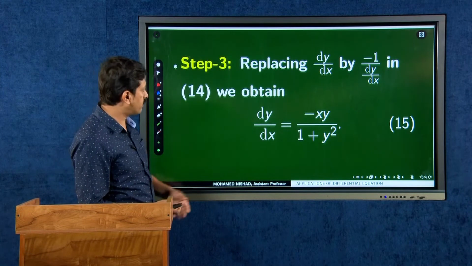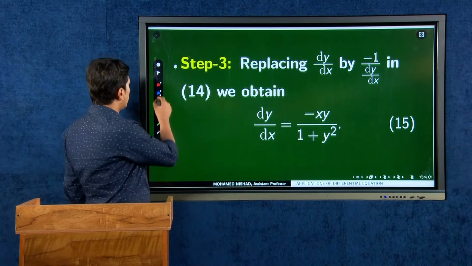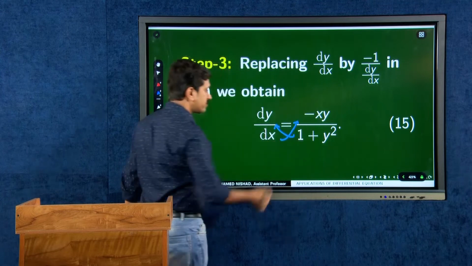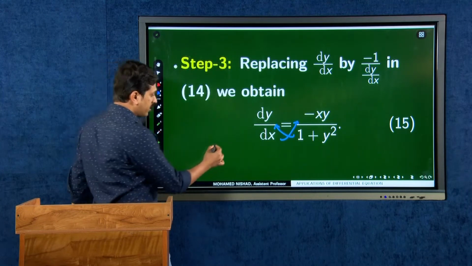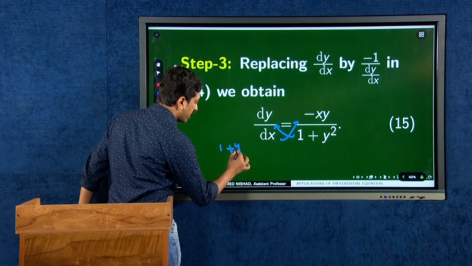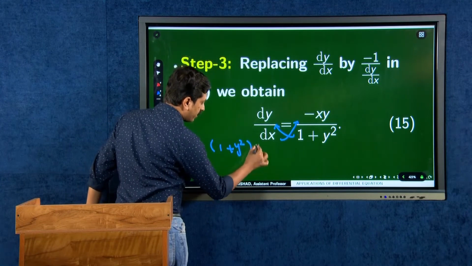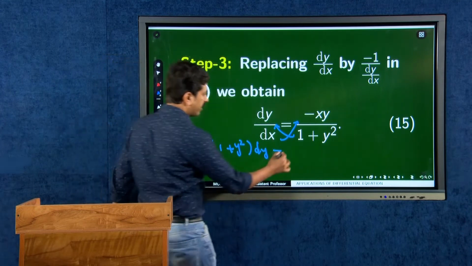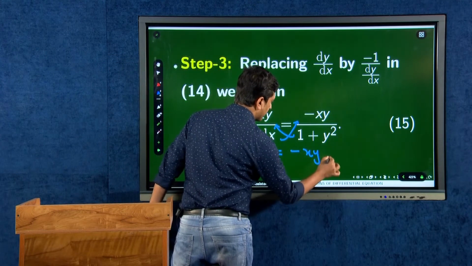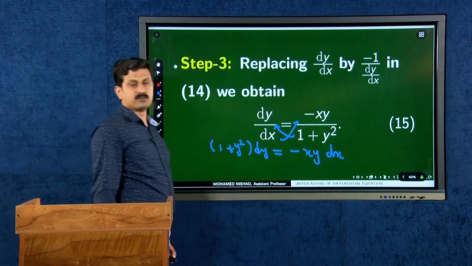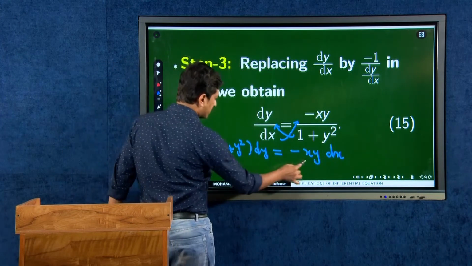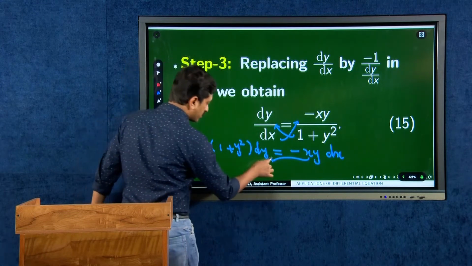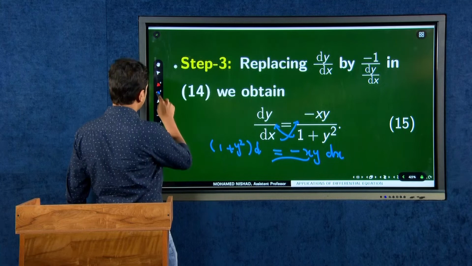Now, we will get the differential equation. We can take this here and this here. So, finally, we will have 1 plus y square dy is equal to minus xy dx. We are separating the variables, so I would like to take this y to be here.